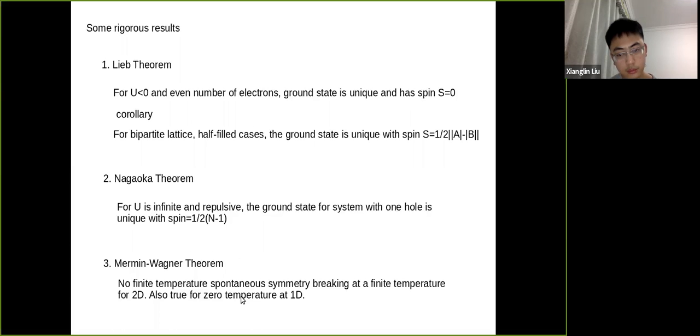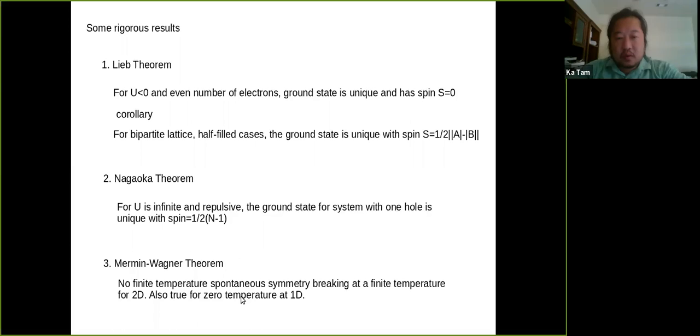So if you see a model which tells you there is a phase transition in 2D, obviously it violates the Mermin-Wagner theorem. That happens in most cases for a lot of approximations. Even if you do DMFT, you will see a transition, not as a spontaneous symmetry breaking, because you don't put the symmetry breaking in the calculation most of the time.